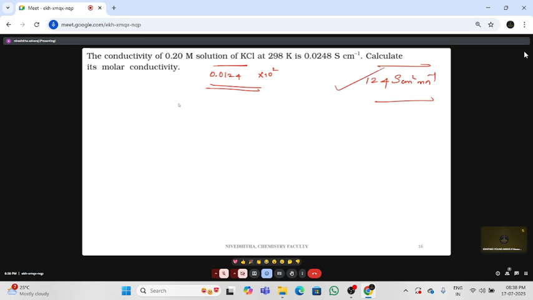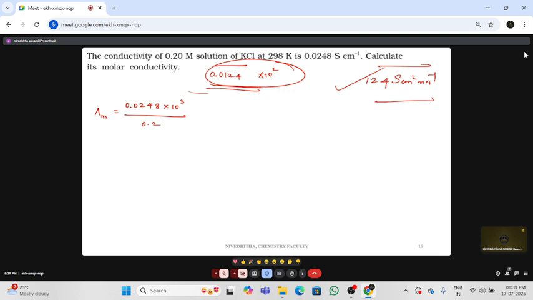And Madhavan, can you please check at your end? This is not the value. What formula did you apply for this problem? First formula. Lambda m is equal to kappa, which is 0.0248 into 10 power 3, divided by concentration, which is 0.2, right?